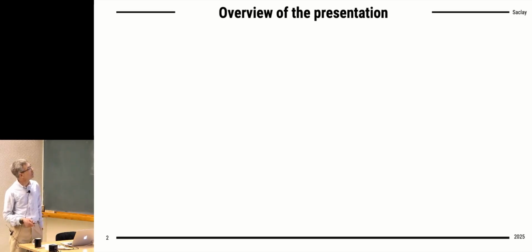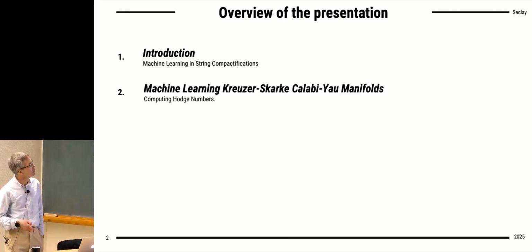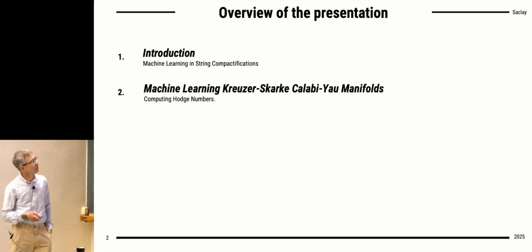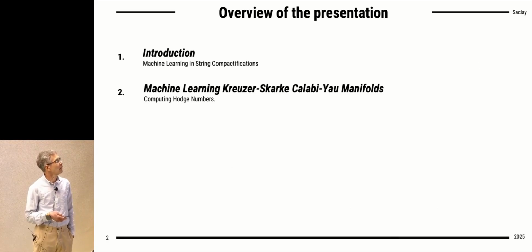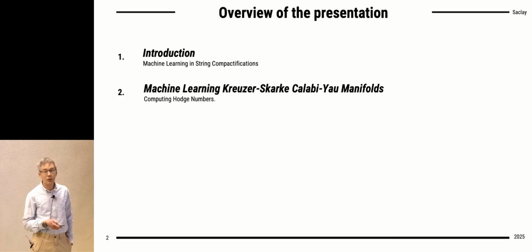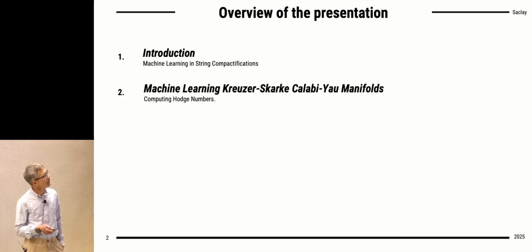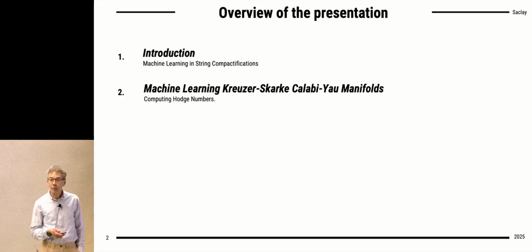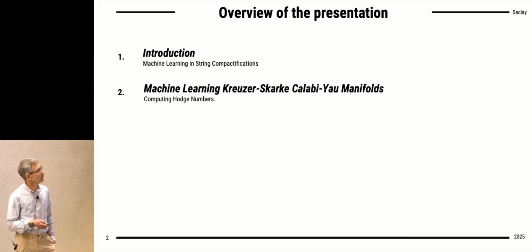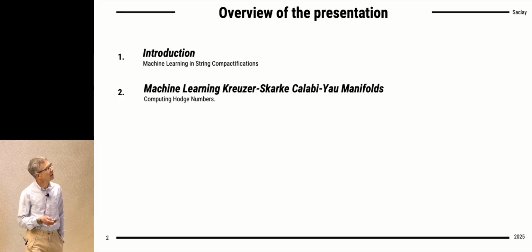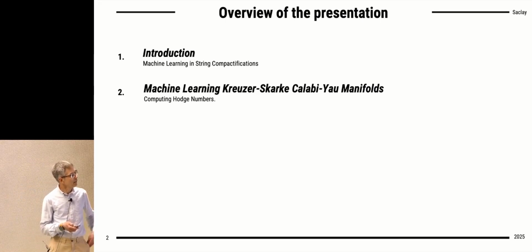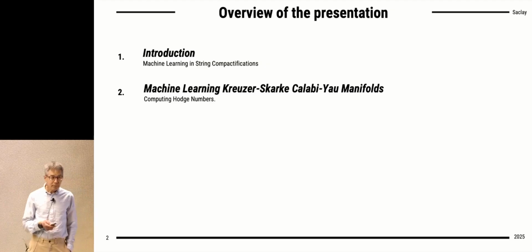So here is a brief overview of the presentation. I'll start with just a very basic introduction, the role of machine learning in string compactifications. I'll then come to the first topic, which is computing the Hodge numbers, in particular the difference of the Hodge numbers, H11 and H21, which are the two non-trivial Hodge numbers in a Calabi-Yau manifold.